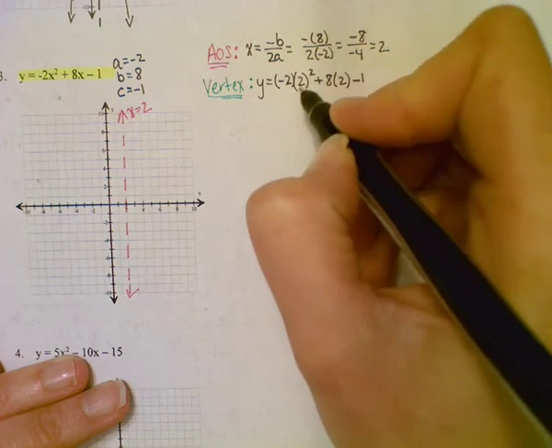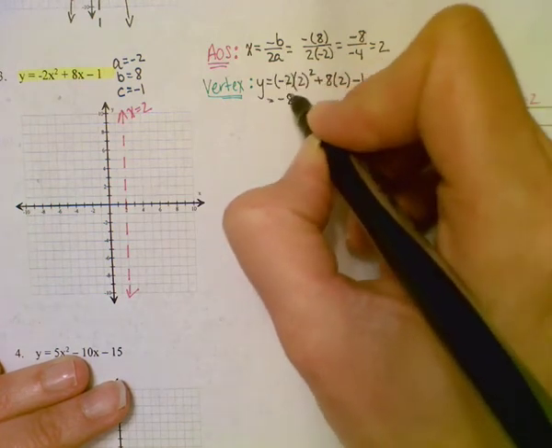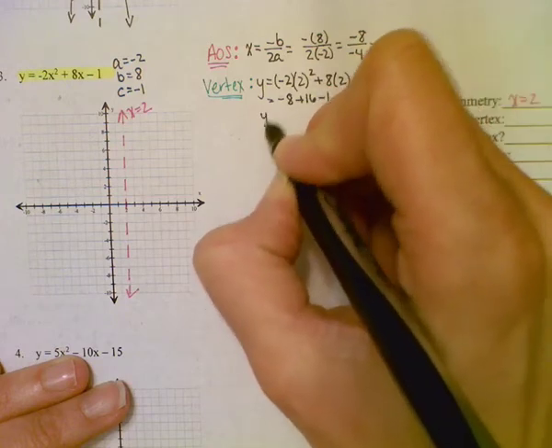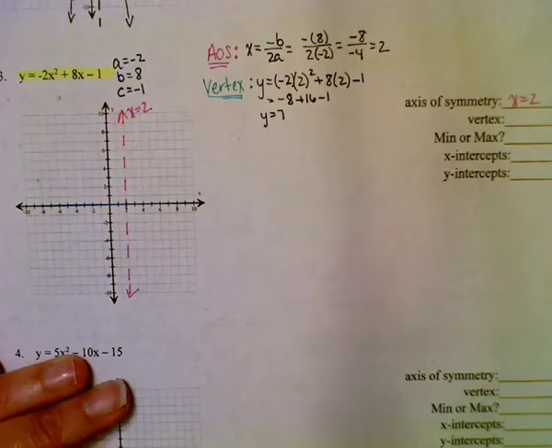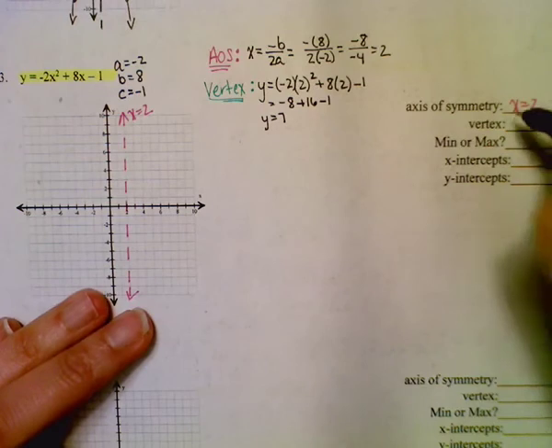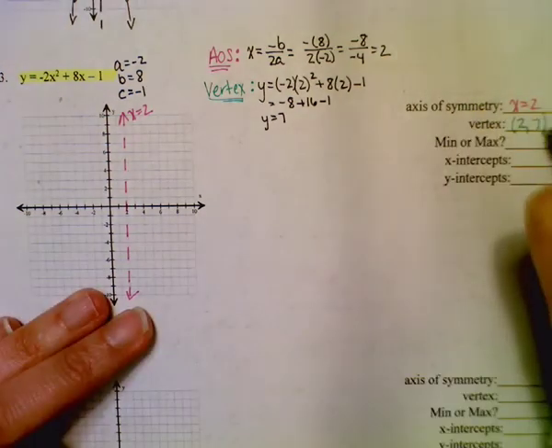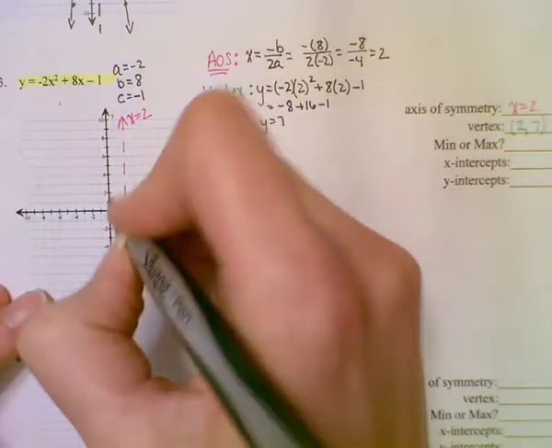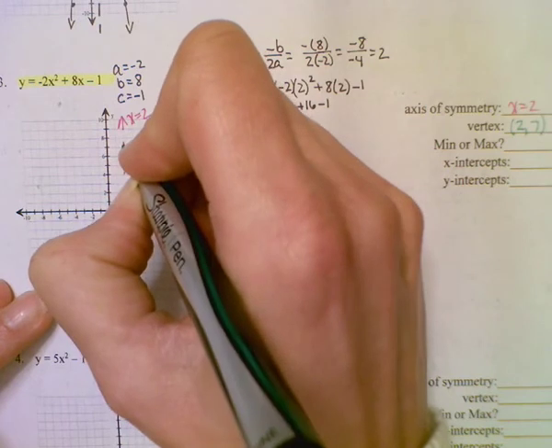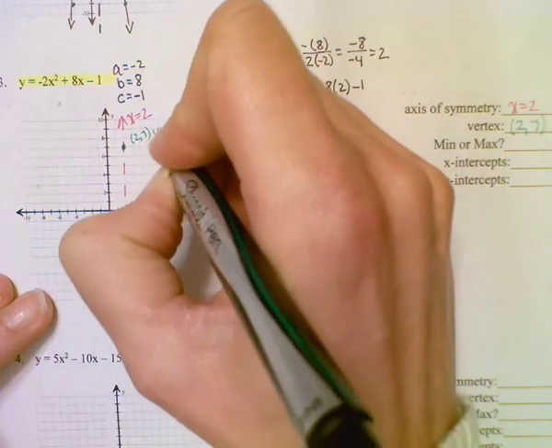So 2 squared is 4 times negative 2, that's our negative 8, plus 16 minus 1. So we're going to have y equals 7 here. That means our vertex is going to be at (2, 7), because the x was 2 that we plugged in, and our y value turned out to be 7. So if I come to positive 2, positive 7, I can label that point, and that is my vertex.